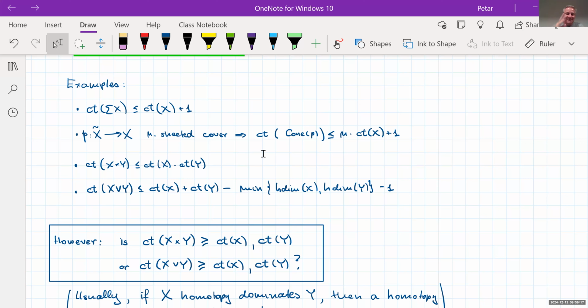So it goes in two directions. One of them goes vertically through category and the cup length, and it also goes horizontally if you have a bigger genus or big Betti numbers.